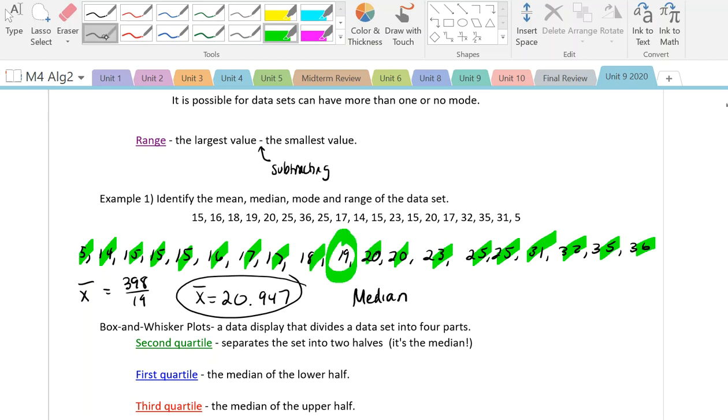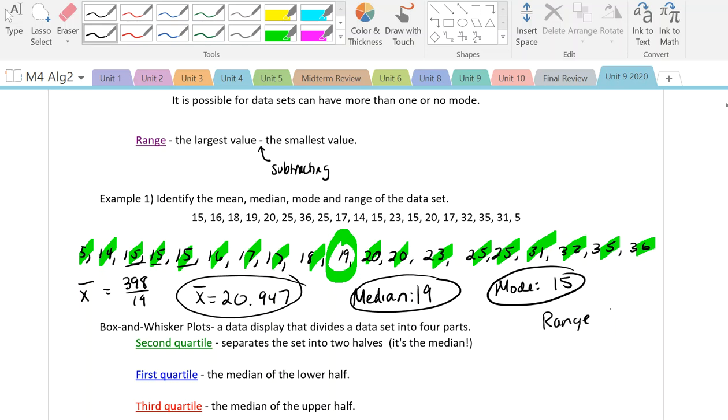So my median is 19. Our mode, we're going to take a look at our numbers and try and see which one's frequent. So you see there's 2 25s, there's 2 20s, 2 17s, but there's 3 of these 15s. So that is my mode. It's 15. And last but not least, the range. And our range is 36 minus 5, which is 31.